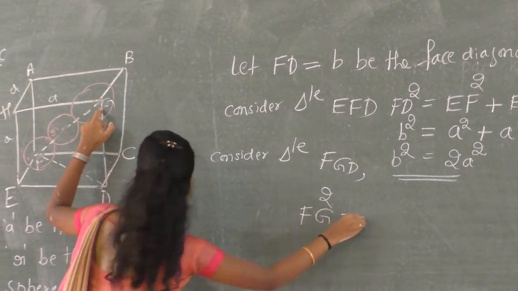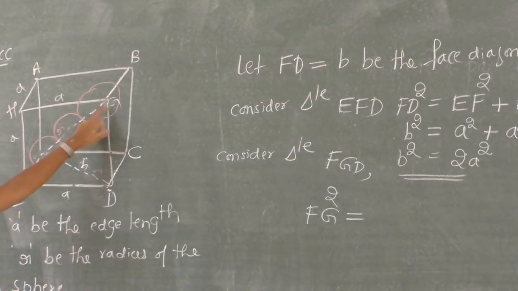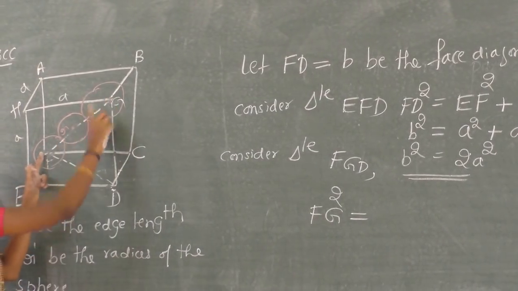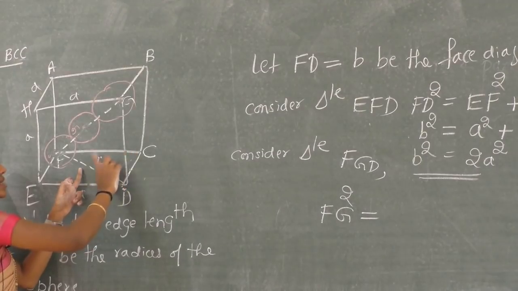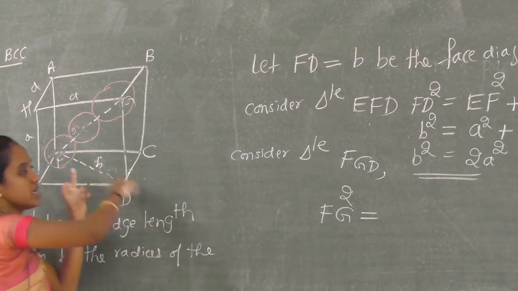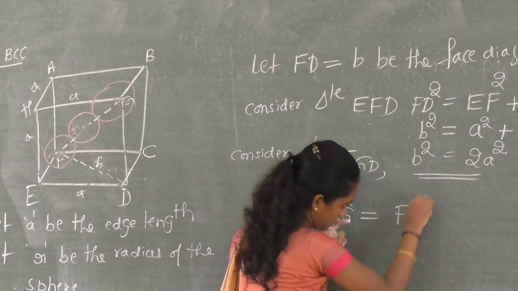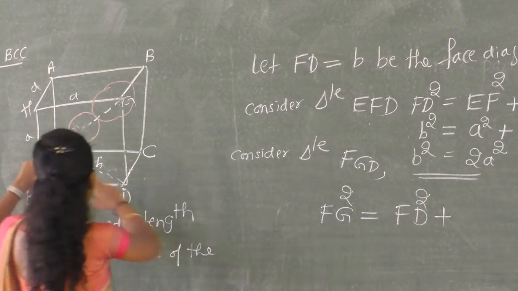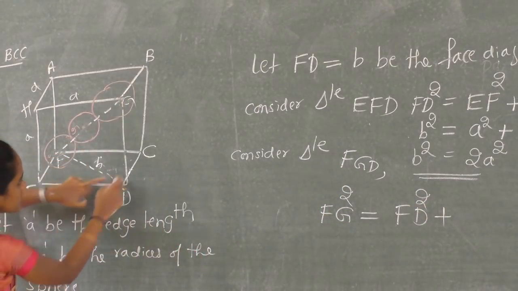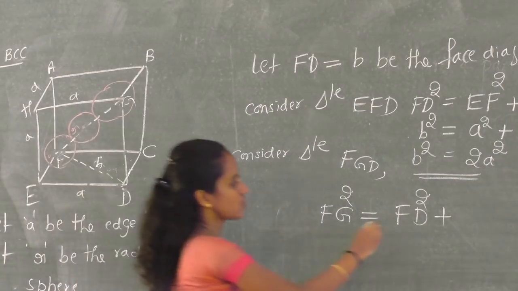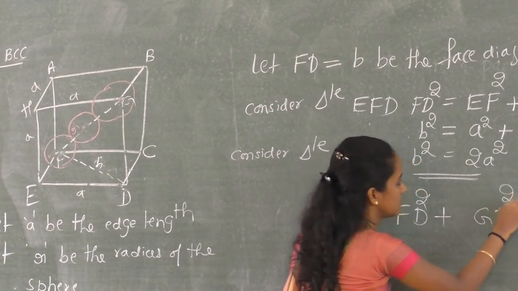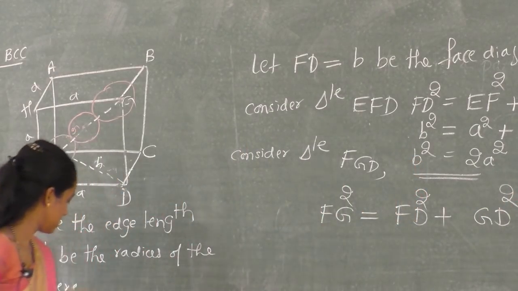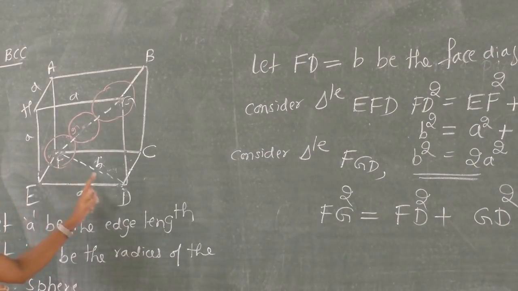FG square is equal to the sum of the squares of the other two sides, that is FD square plus GD square. Okay, what is FG? FG is equal to C. It is a body diagonal.